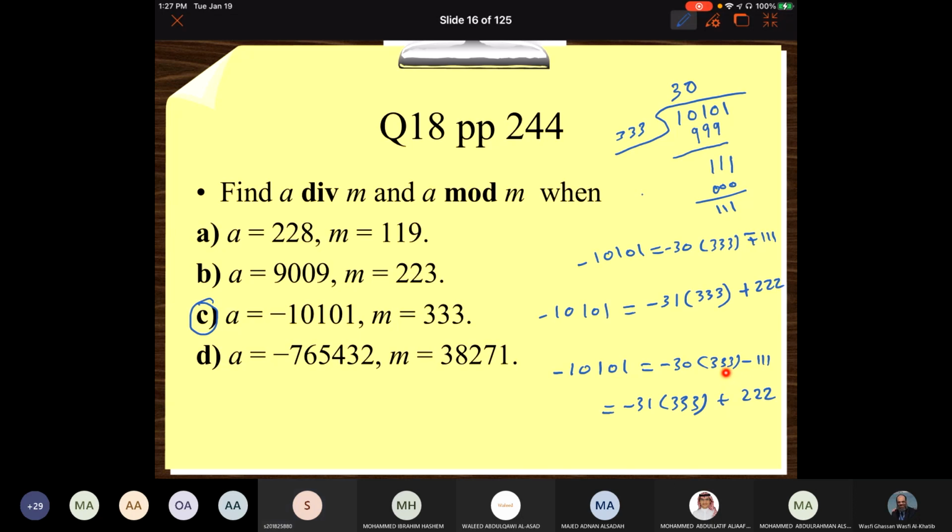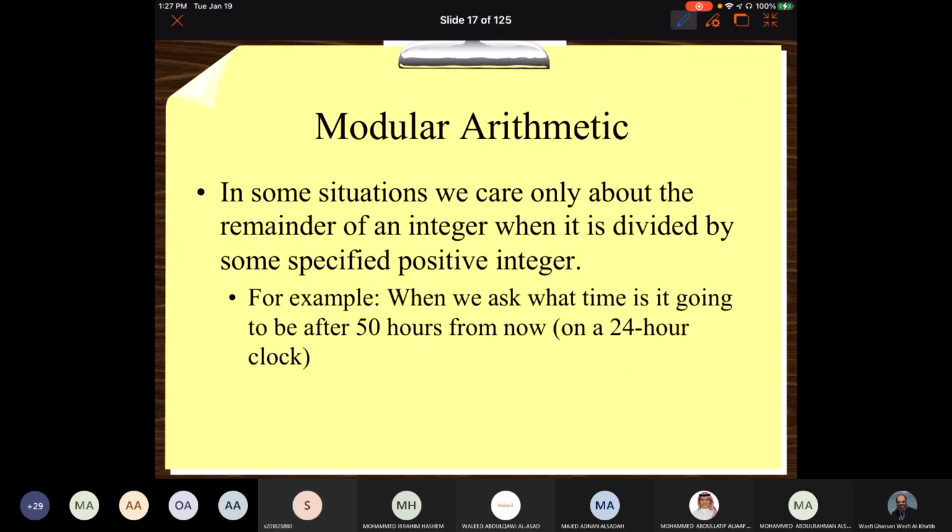Subtracting 333 from the first term is the same as, instead of minus 30 multiplied by 333, it becomes minus 31 multiplied by 333. صح ولا لا؟ والminus 111. Exactly, it's like the 11 example, but it's a little bit more elaborate.